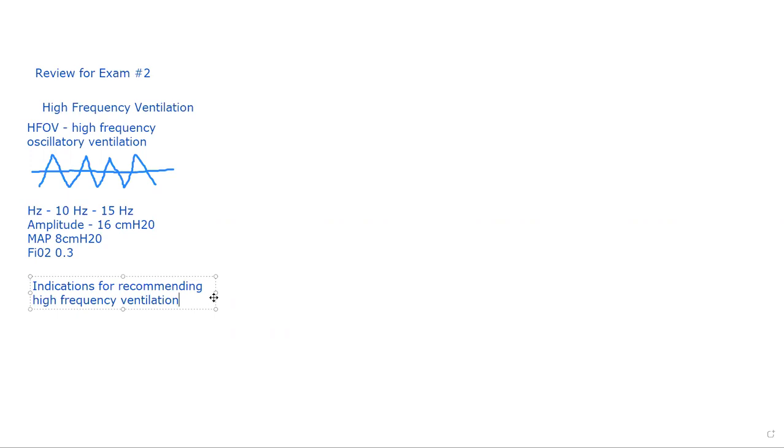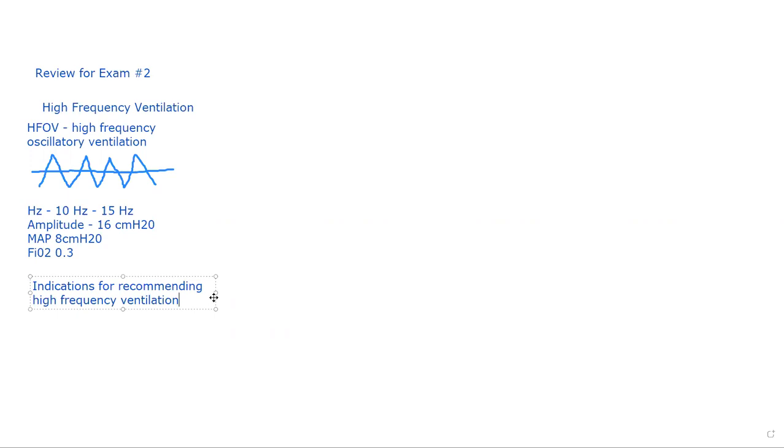oxygenation index greater than 19 over 6 hours, then if we have a bronchopleural fistula or a large rupture of the alveoli and air is getting into the pleural space, putting in a chest tube may not be good enough, because most of the tidal volume that we're ventilating with is going out the chest tube and the rest of the lungs are not getting ventilated.